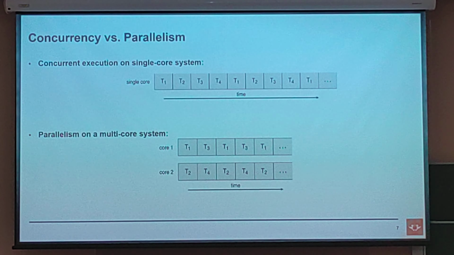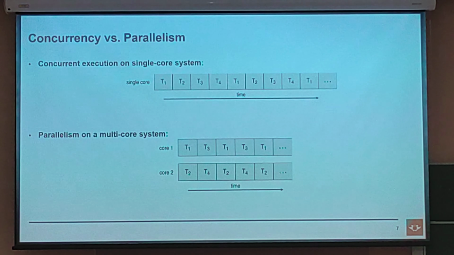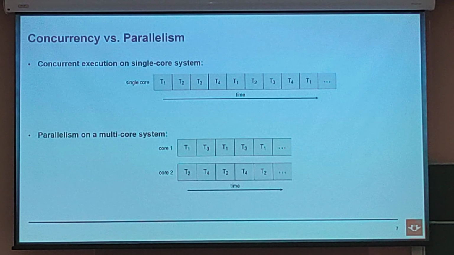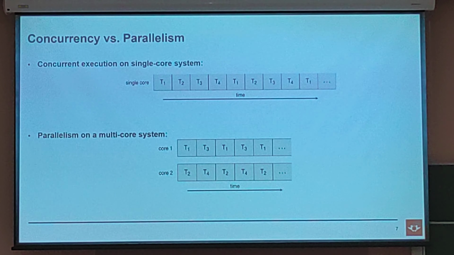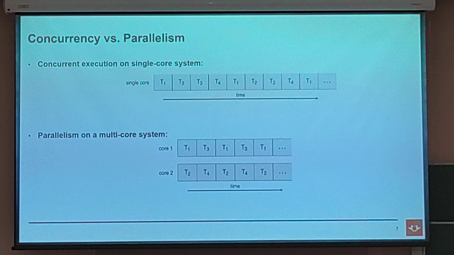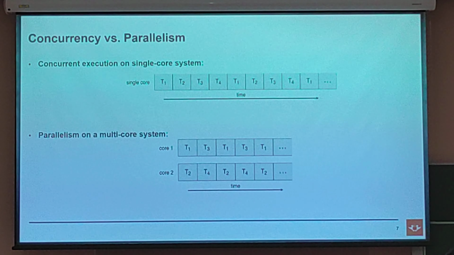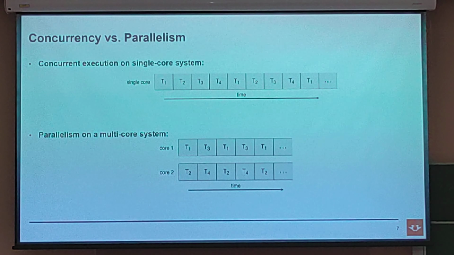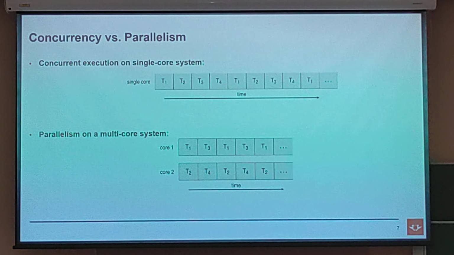You have to understand the difference between concurrency versus parallelism. Concurrency describes the principle where you can run multiple threads concurrently, but what it actually means is that each thread gets a bit of a time slice on the processor.